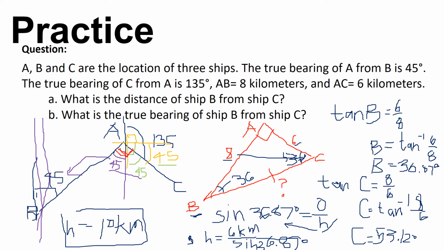The true bearing of ship B from ship C. So if you are from ship C, how many degrees is ship B? Let's try to draw an axis. This is easily from the north line to the south line. That's easily determined because half of 360 is 180.